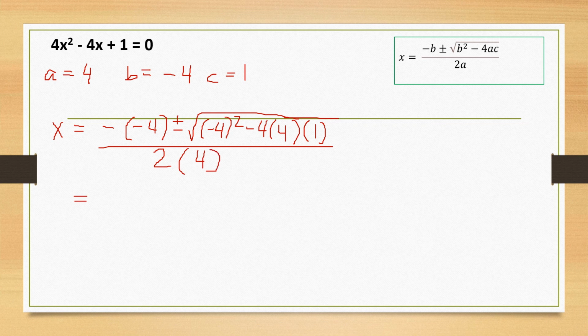So negative times negative 4 will give us positive 4, plus minus the square root of negative 4 squared is 16.